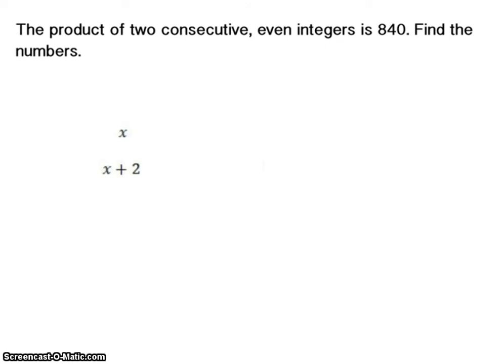And so let's define the first even integer to be x. Now, we know that the next integer right after that would be an odd integer. So the next even integer is x plus 2, or 2 places away from x, our even integer.